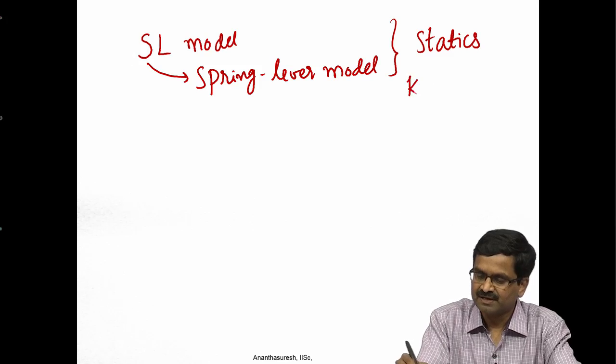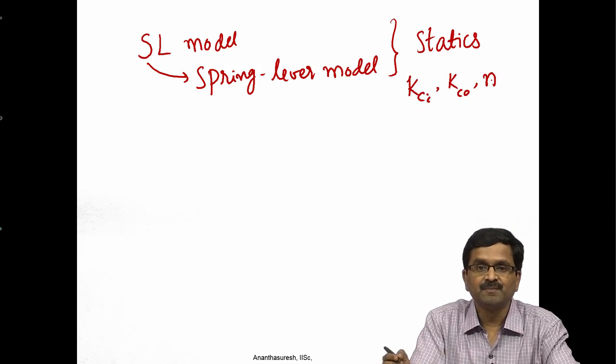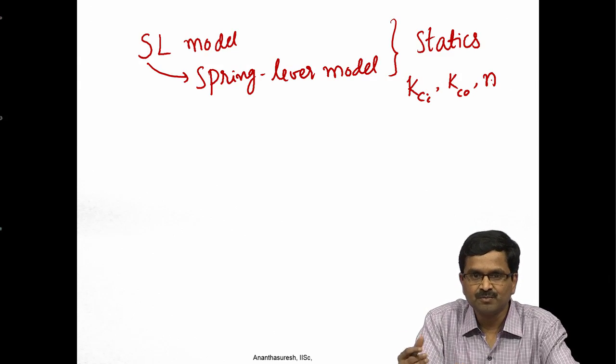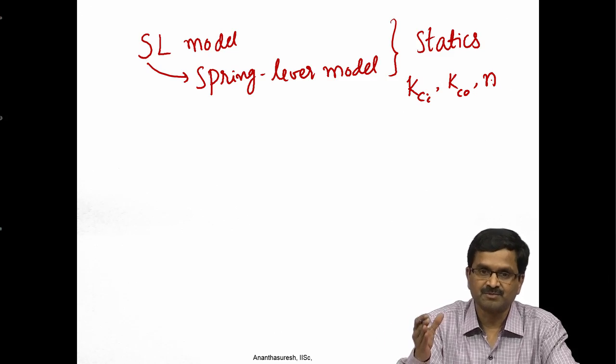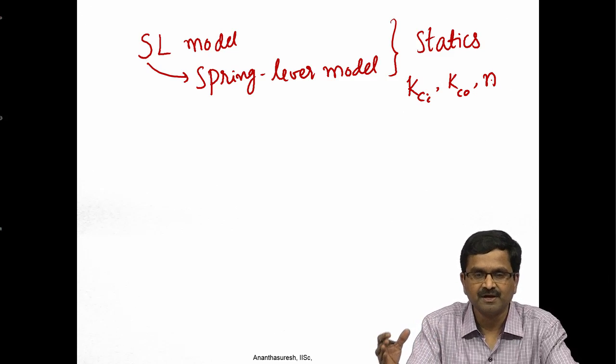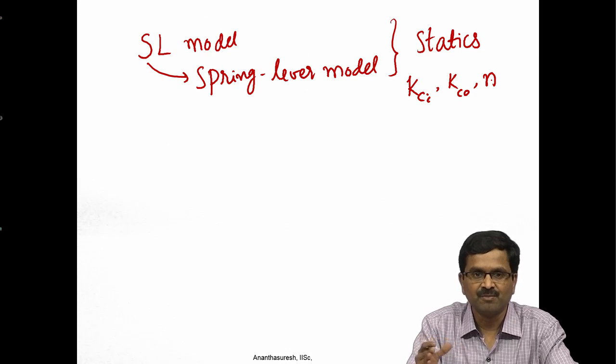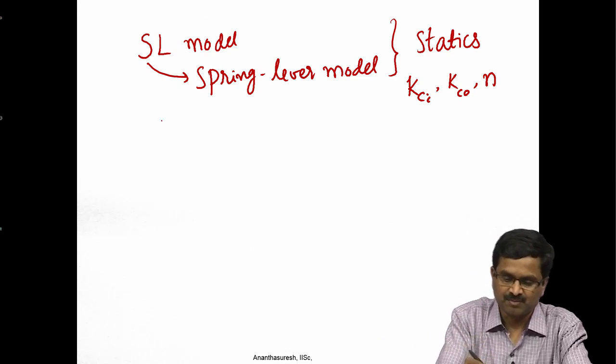Then we have KCI, KCO and N. These are the three parameters which happen to be in the 2 by 2 symmetric matrix that relates input degrees of freedom to the output degrees of freedom in terms of displacements to the corresponding forces or moments on the other side. So, that is what a spring lever model will capture, more like a black box or terminal characteristic model.